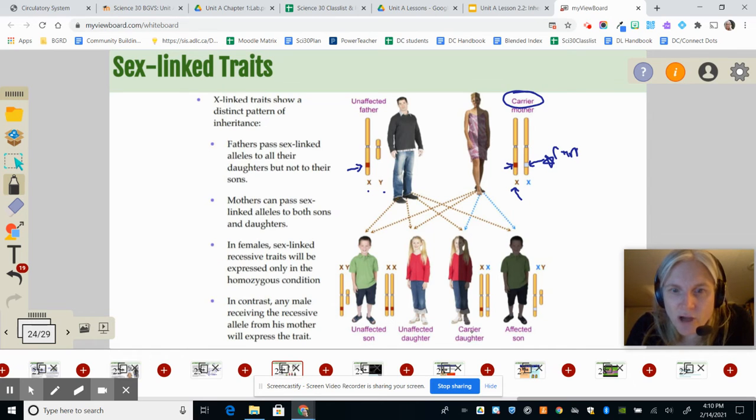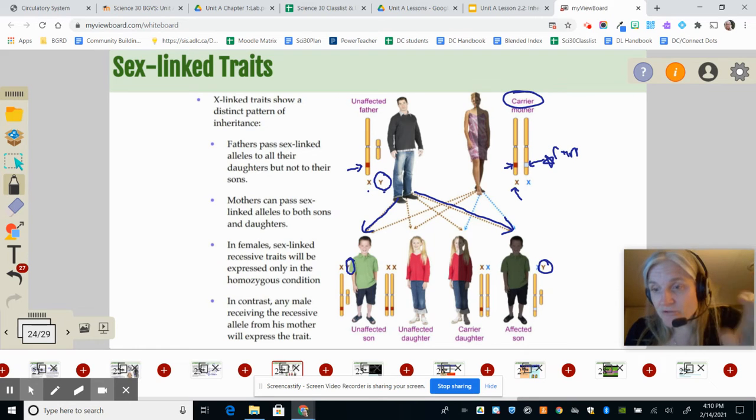If the father is going to have a male child, the only way you're going to get a male child is if the gamete from the father has the Y chromosome. That's the only way an offspring gets a Y chromosome. So it's actually the father's gametes that determine the sex of the child, female or male.